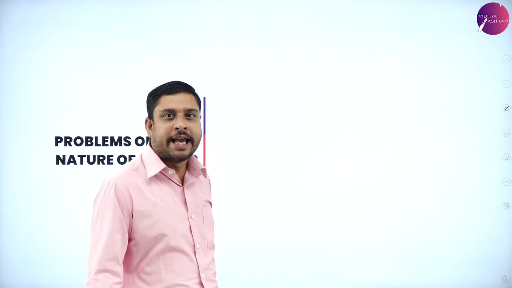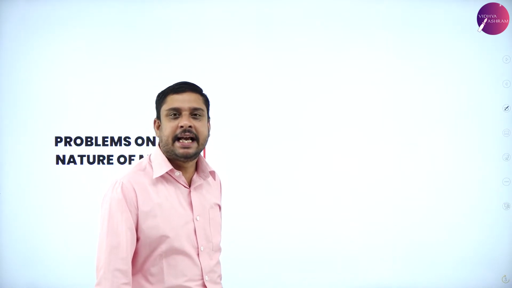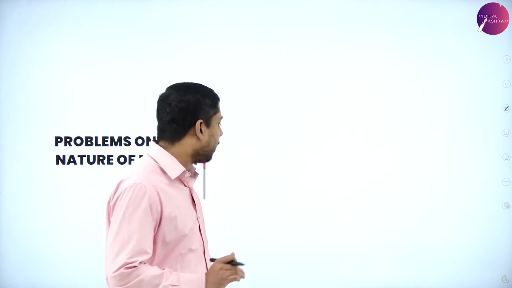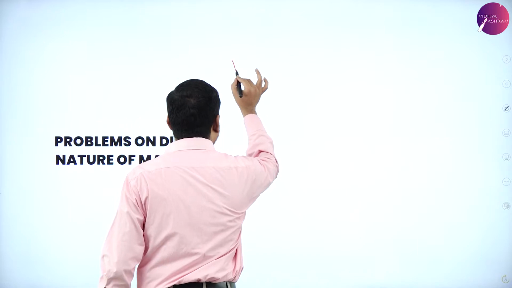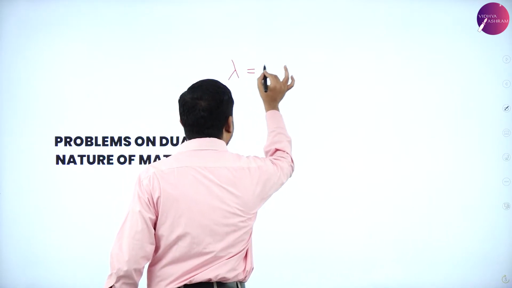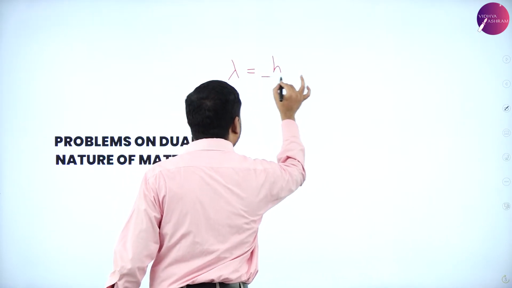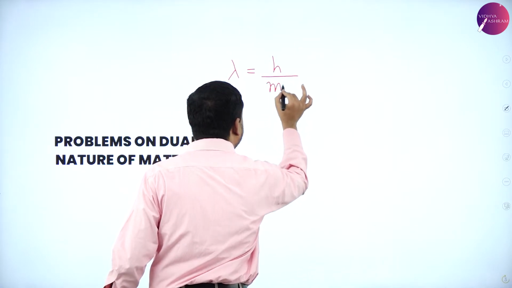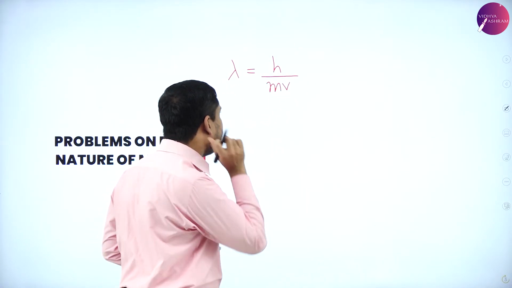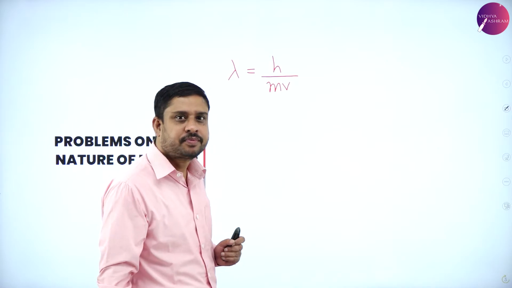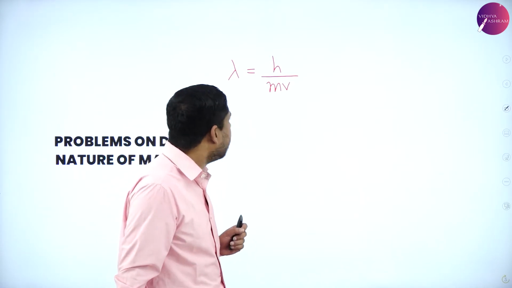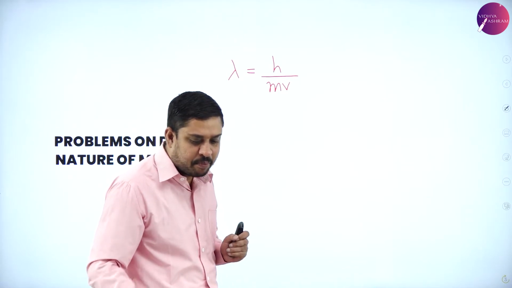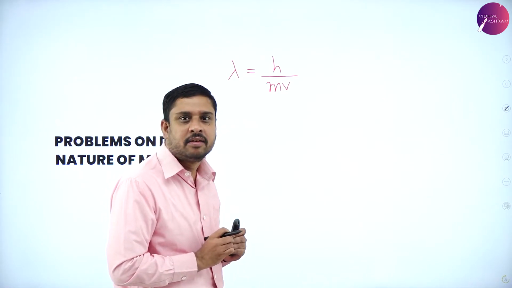So I go to the basic expression for de Broglie wavelength, where I know lambda is h divided by mv. De Broglie wavelength is given. h and m are constants.